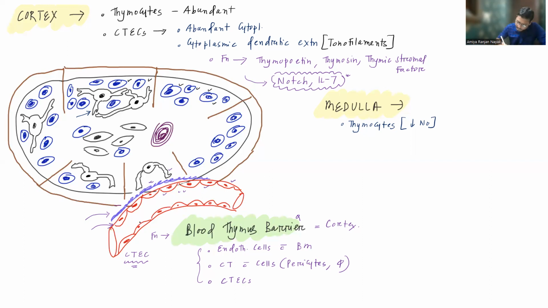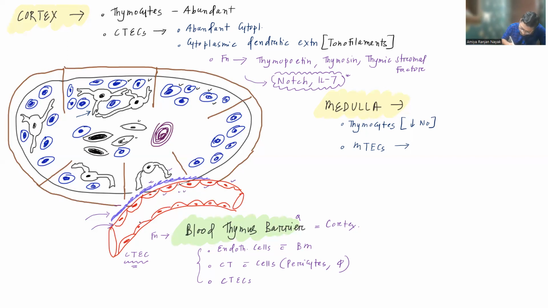In the medulla also we'll find epithelial cells. These are known as the medullary thymic epithelial cells. The first point you have to remember is that medullary thymic epithelial cells differ from the cortical thymic epithelial cells in their structure. Basically, medullary thymic epithelial cells are spindle shaped, as you can see here, and they'll have less cytoplasm compared to the cortical thymic epithelial cells.